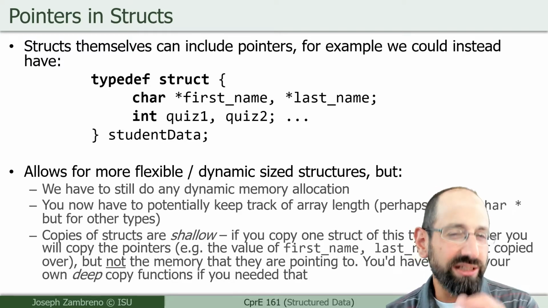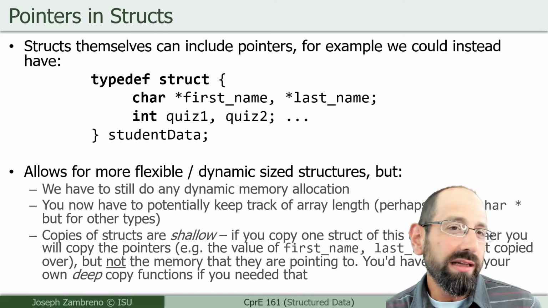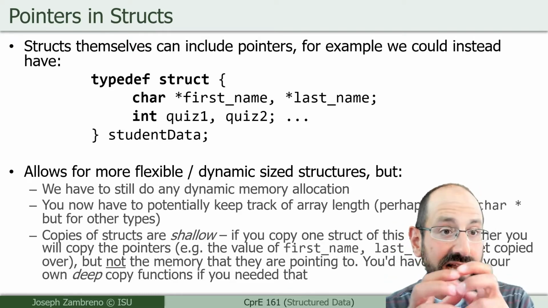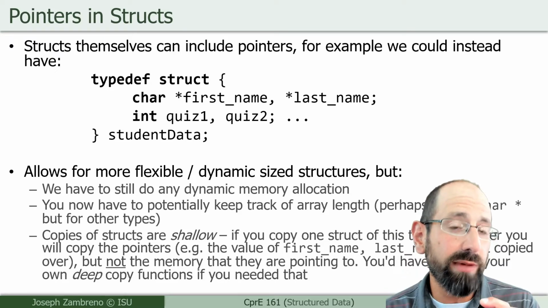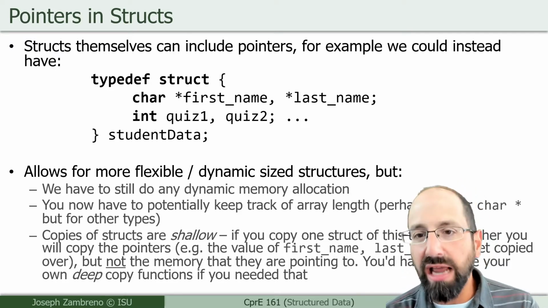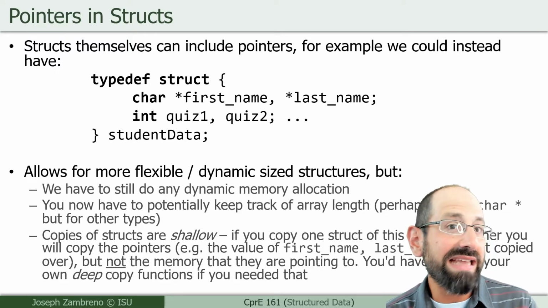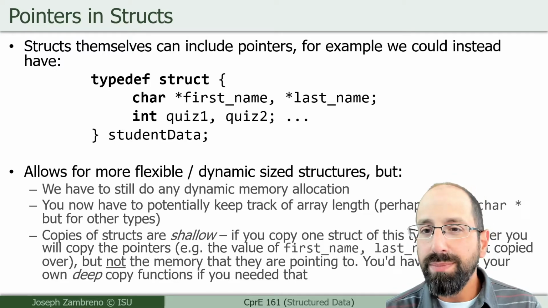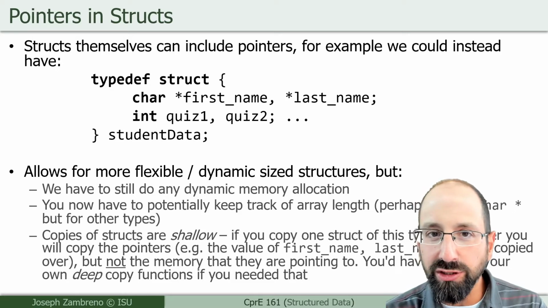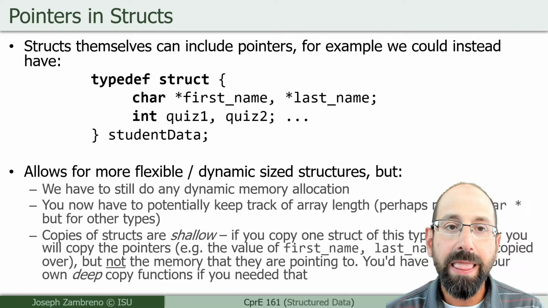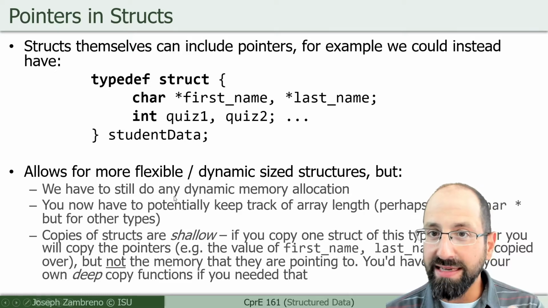And sometimes you actually do need to copy that data as well. If you need to copy not just the pointer to first name, but the actual data pointed to by first name, you would then need to write your own copy function. That's a so-called shallow versus deep copy. It's not necessarily a hard thing to do, but it would be a bespoke copy function for your particular custom structure that happens to have pointers. But that's maybe the downside of doing it.